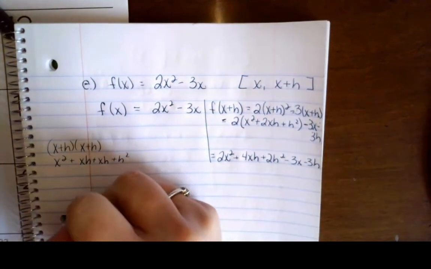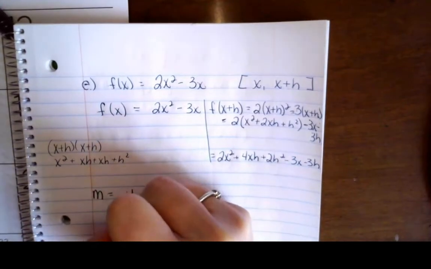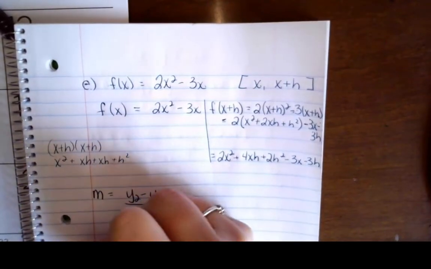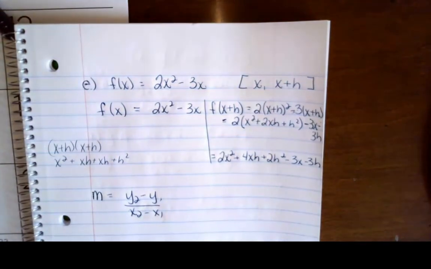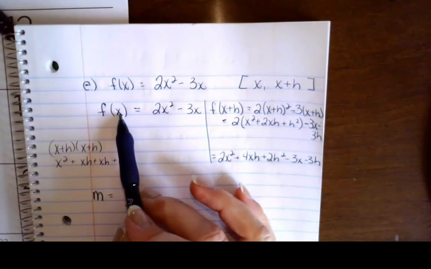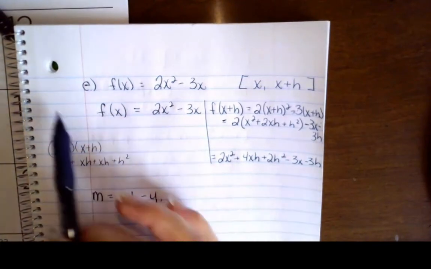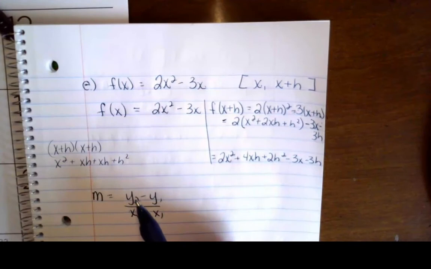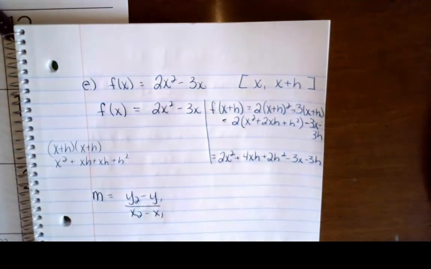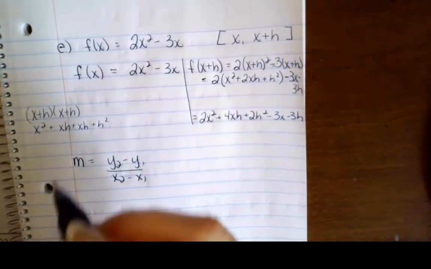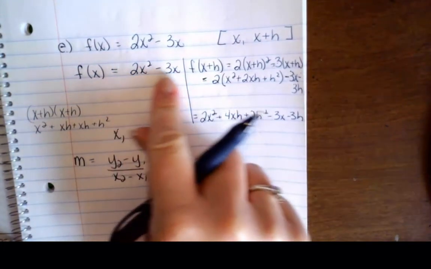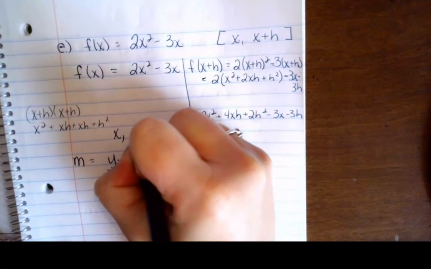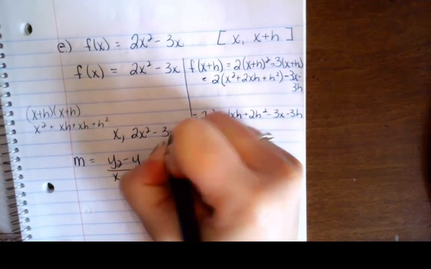So now we're going to find the slope. m is y2 minus y1 over x2 minus x1. So what do we know? We know that if I substitute an x, I get an f of x in response, correct? If I put in an x, I got 2x squared minus 3x.